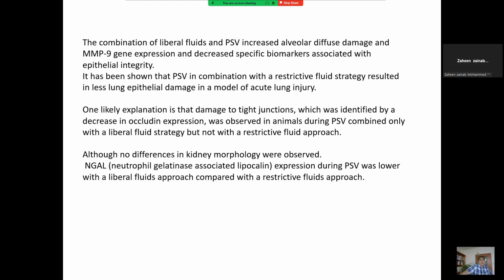Also, no difference in kidney morphology was observed. NGAL, neutrophil gelatinase-associated lipocalin expression during pressure support ventilation was lower with a liberal fluid approach compared with a restrictive fluid approach.